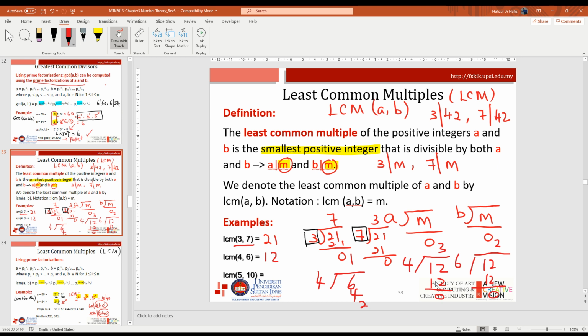To find the LCM of 4 and 6, we can use the listing of multiples, the prime factorization method, and the division method. Those are the three methods that I have explained before.